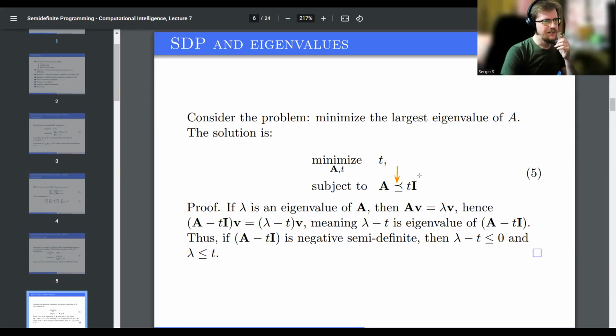So the better way to read it is to say A minus Ti is negative semi-definite. You put everything on the left and say everything on the left is negative semi-definite. Or you can, of course, say Ti minus A is positive semi-definite. Now, this would minimize the largest eigenvalue.